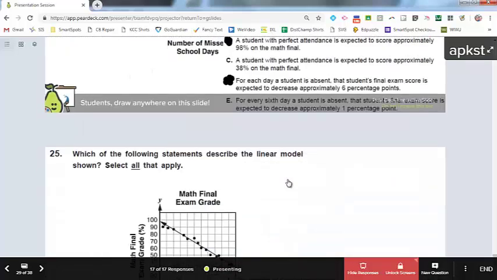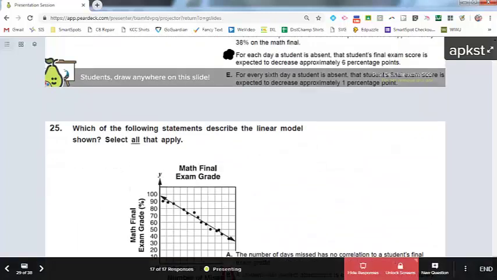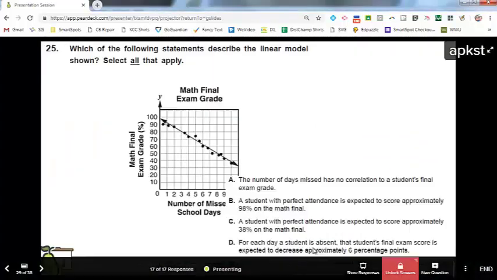Okay, so on this one, this is number 25, it says a student with a perfect attendance is expected to score approximately 98% on the final. So this is the number of school days missed and their percent on the final. So if they have perfect attendance, that looks pretty accurate to me.